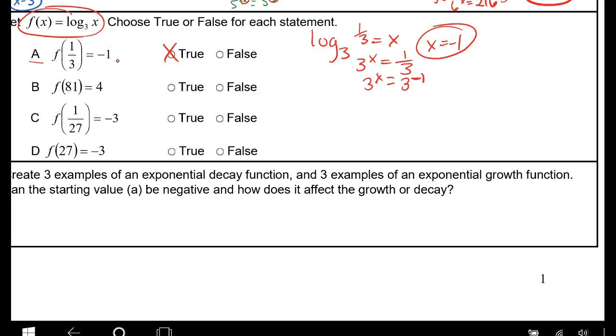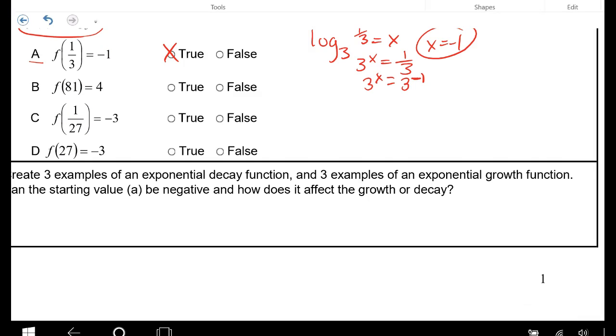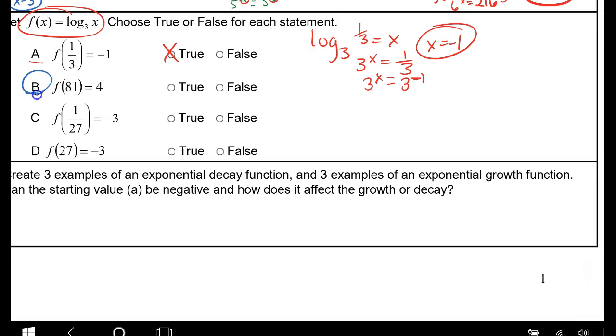Okay. Now I'll do the next one in a different color, so we can keep this all separated. In the next one, we do log base 3 of 81, and that needs to equal 4. So I can just set this equal to 4, because I need to make sure it's actually equal to that. So now I can do 3 raised to the power of 4 equals 81.